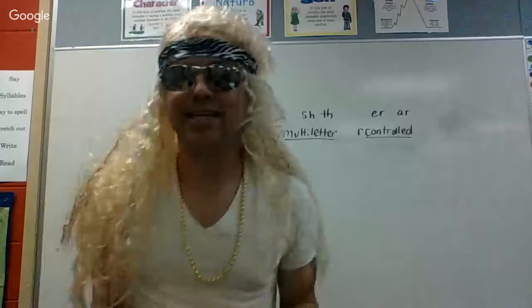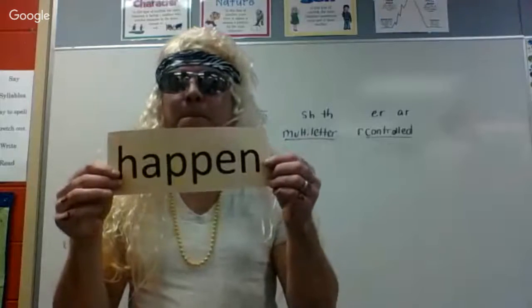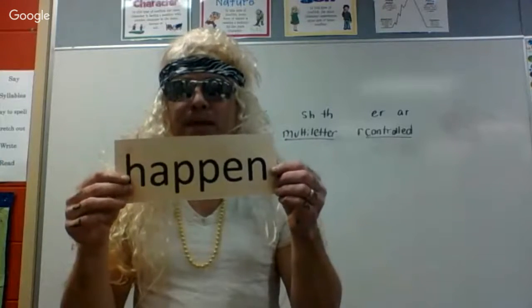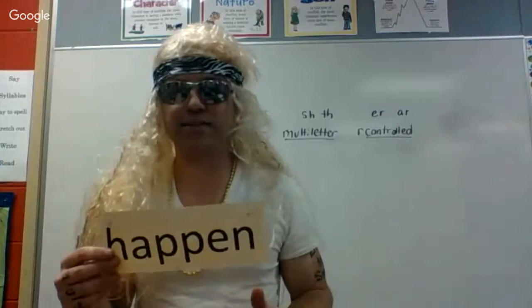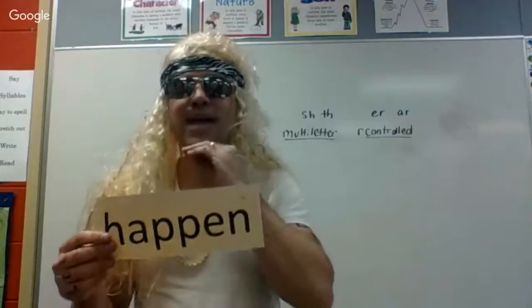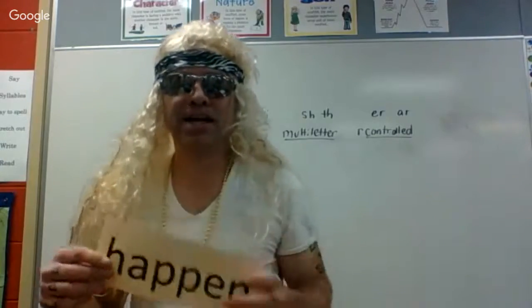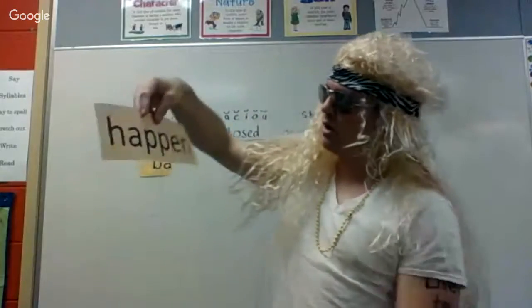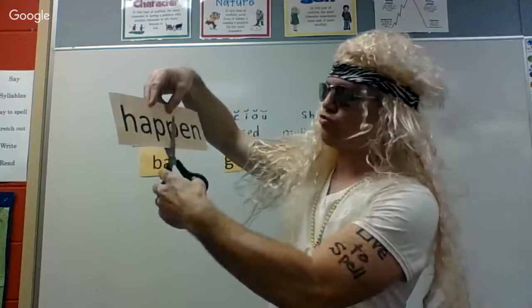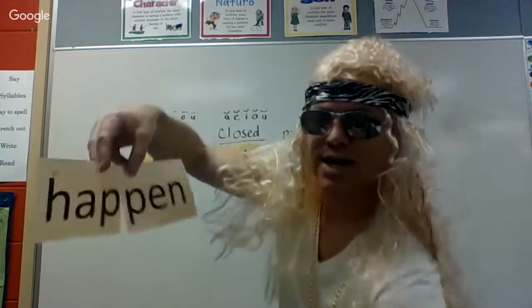Let's do another one. Happen, happen. Go ahead and take your hand, put it under your chin, figure out how many syllables that is. It should be two, right? Happen, happen. Now, where do you think I'm going to split my word into syllables? Guess what? Oh, I love scissors. I'm going to split it down the middle.